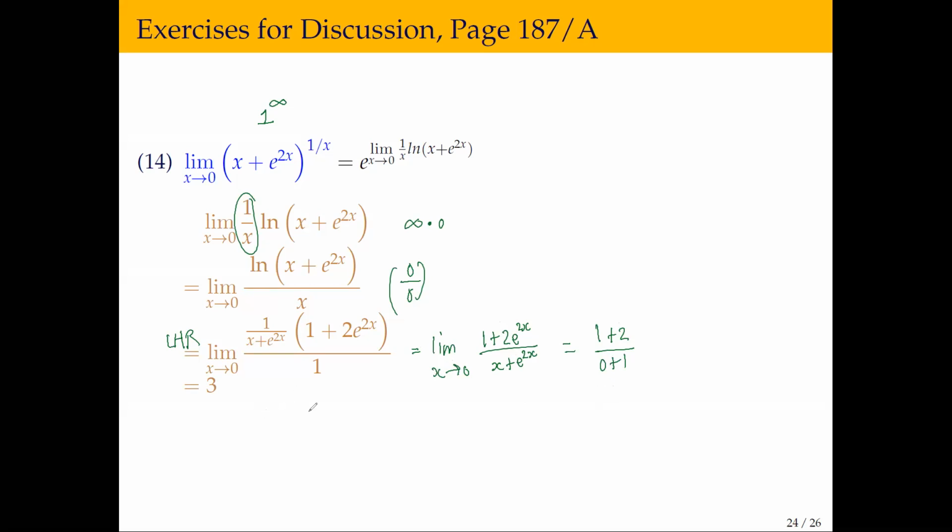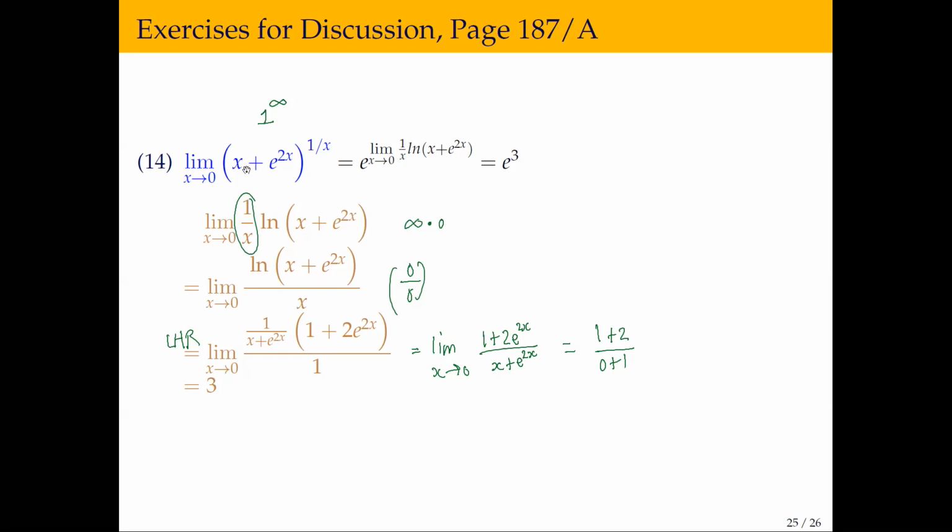So you have here 3 over 1. We have here 3. But we are not done yet kasi sabi natin 3 is just the limit of this function. But we are asked to evaluate the blue one. So you'll have to plug in 3 in the exponent of e. You'll have here e raised to 3. And e raised to 3 is our final answer for number 14.